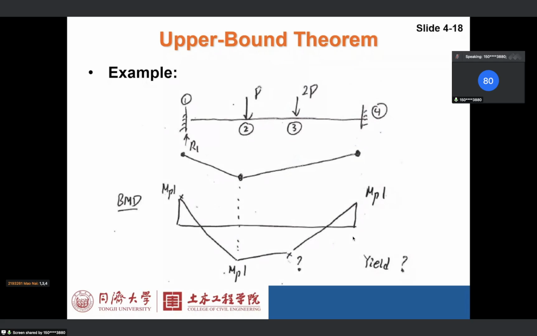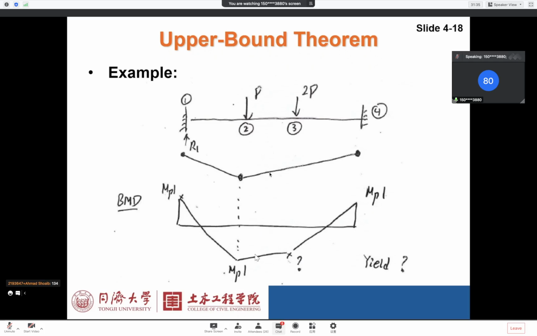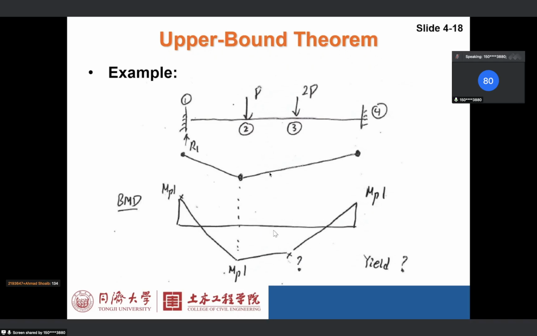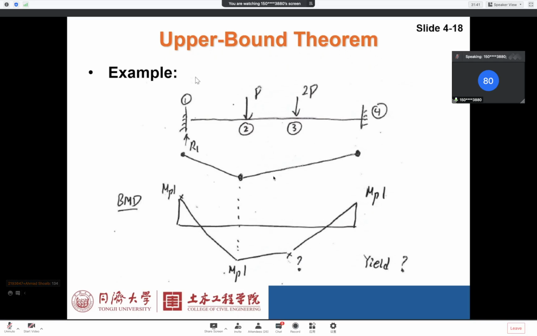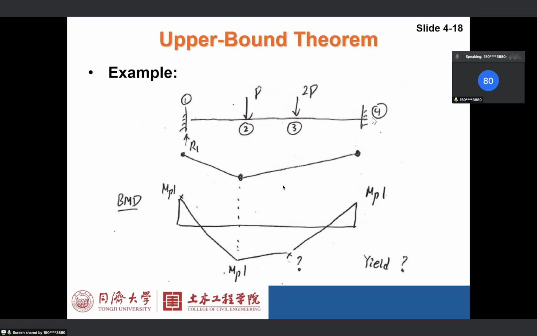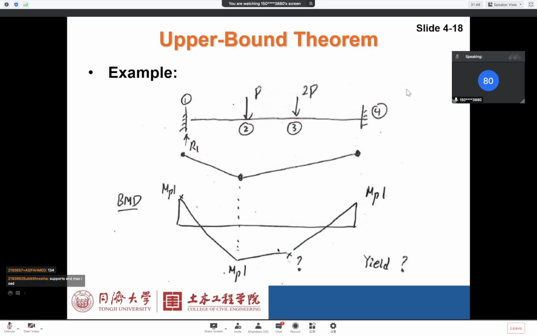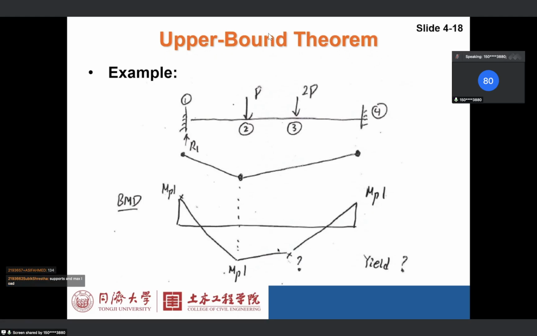Which 3 points should have plastic hinges? Again, forget about these pictures and figures. Just based on your experience, your knowledge, and your common sense, which locations will experience plastic hinges?